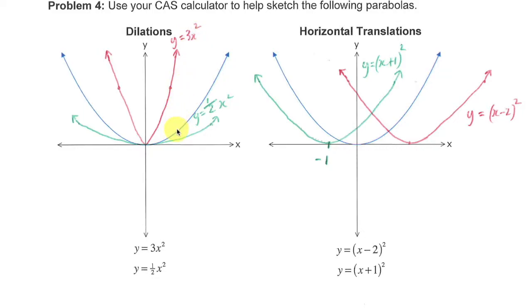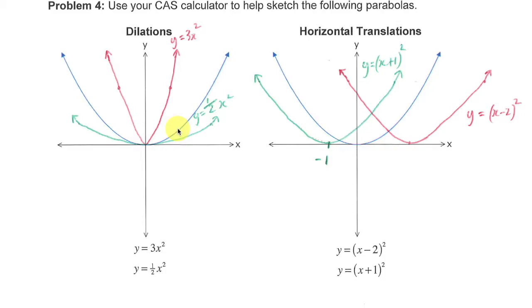If I consider the point (1, 1), which is on the standard y equals x squared, then the transformation that's applied to create this red graph is that every y value has been multiplied by 3. So the point (1, 1) will become the point (1, 3). And that happens for all the values that are on that blue standard y equals x squared.